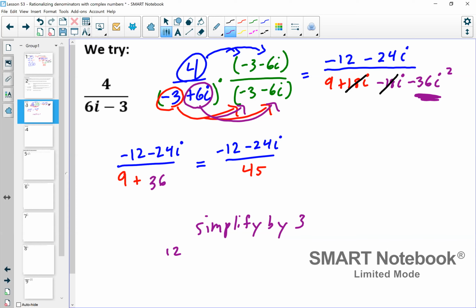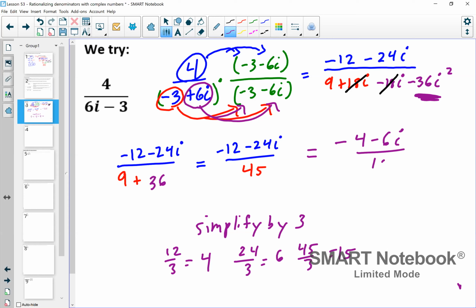So 12 divided by 3 is 4. 24 divided by 3 is 6. And 45 divided by 3 is 15. So that all works. So our final answer, this is negative still, so -4 minus our 6i over 15.